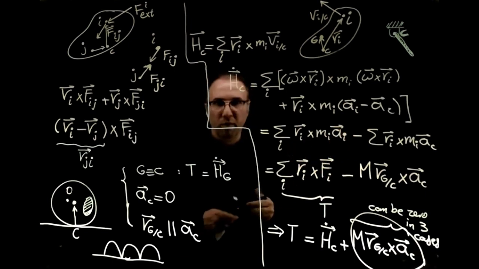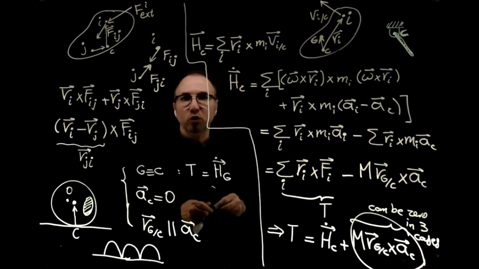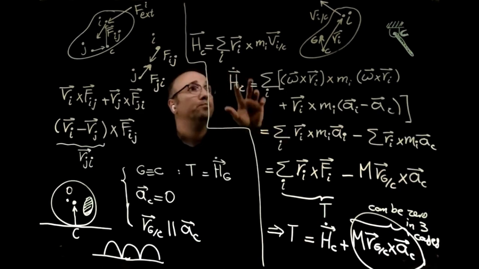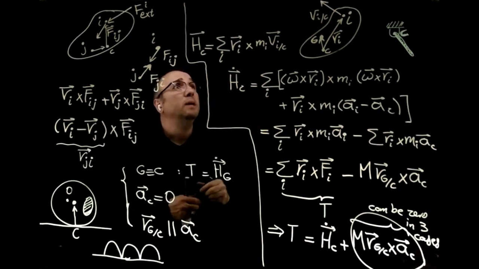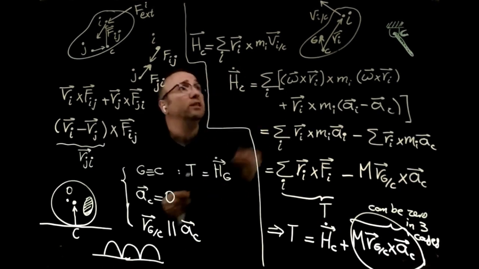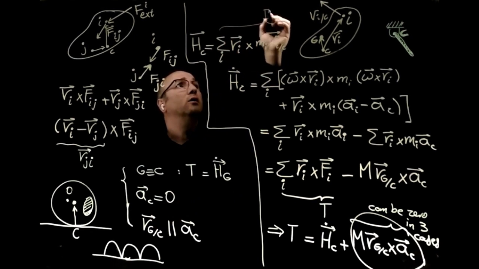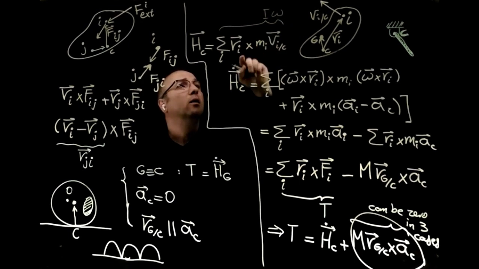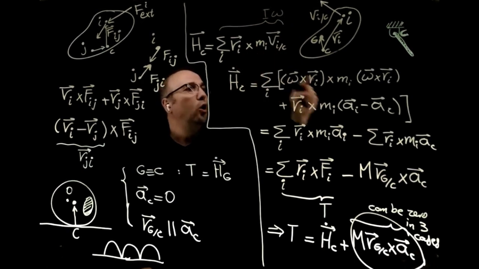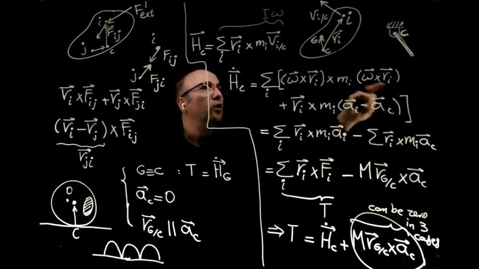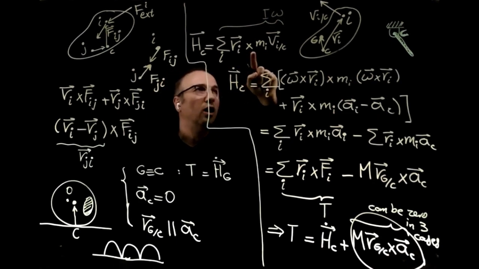You can use both. We will see that for 2D systems, this would be simplified as I omega, because this is, you see, omega cross r. I would have r cross omega cross r.